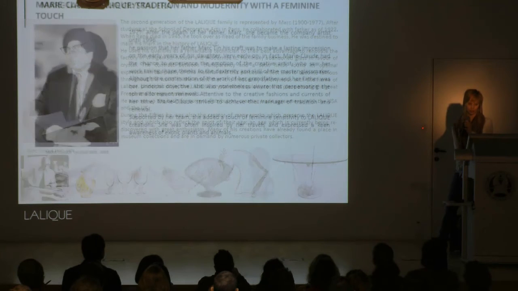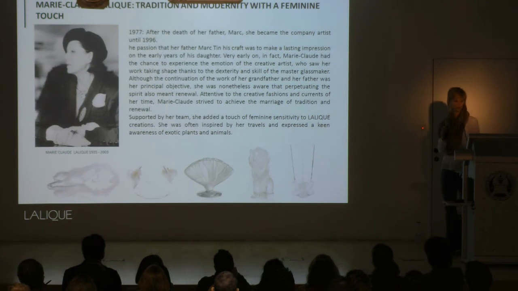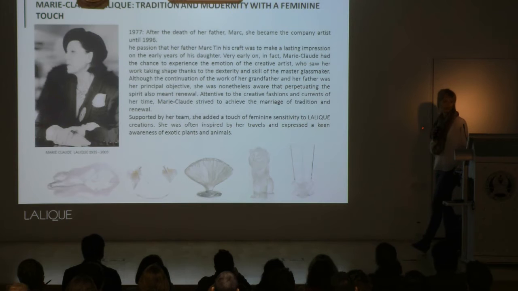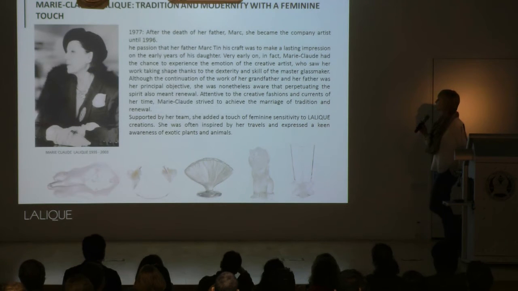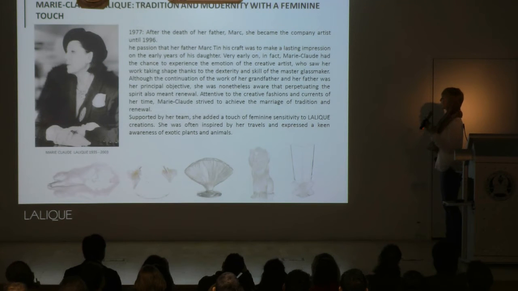And after that, in the third generation, in the 70s, it got another feminine touch. Marie-Claude overtook Lalique. She was then the designer head of it, and she was bringing the fashion and the modernism of that time into it.